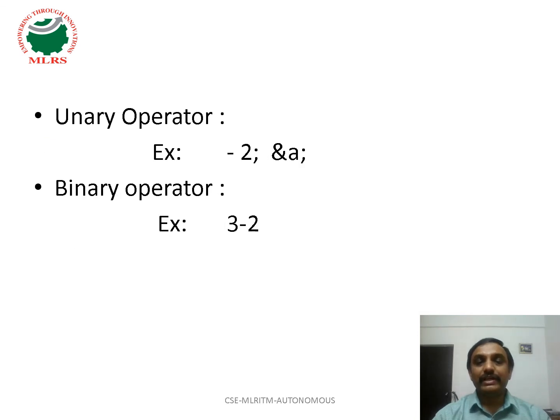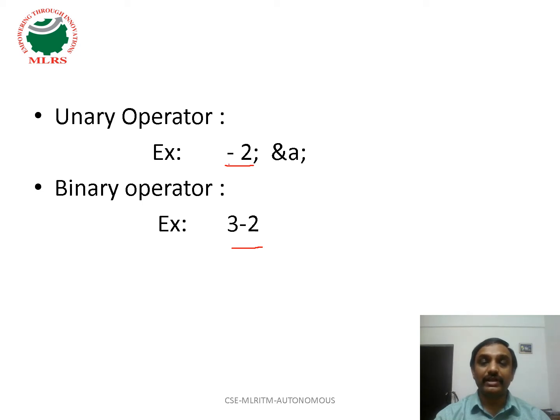Now, what do we mean by unary operator and binary operator? Here you observe minus 2 is present. Here 3 minus 2 is present. In both places we have the minus, subtraction. In one case that is called a unary operator, in the other case a binary operator. If an operator works on only one operand, then that is called a unary operator.